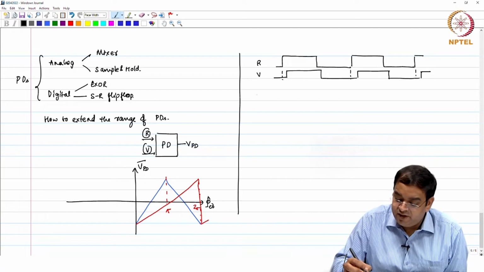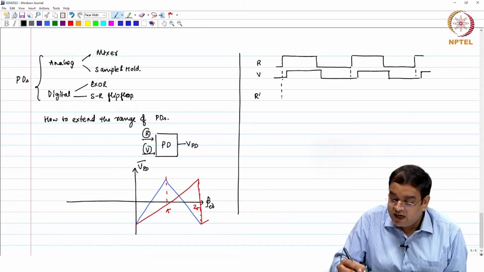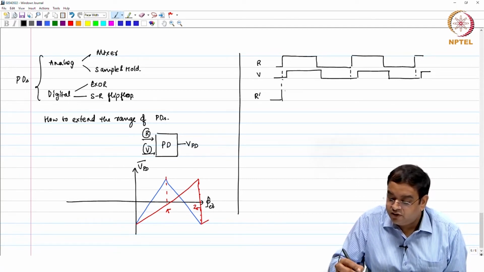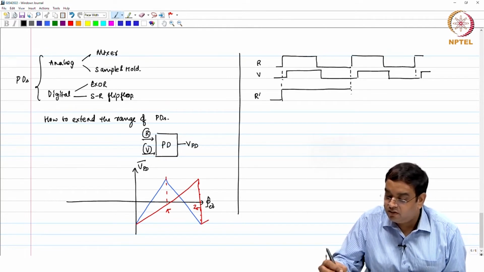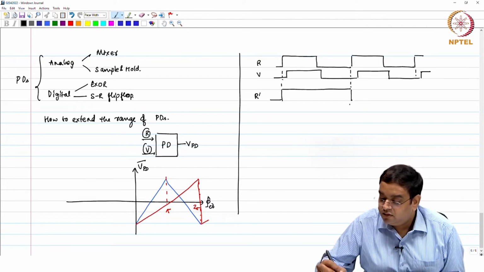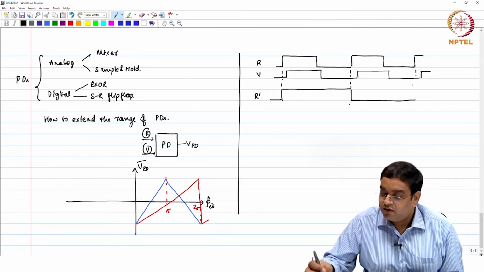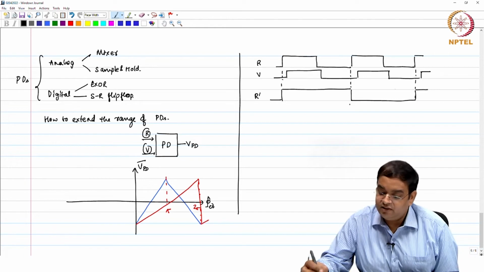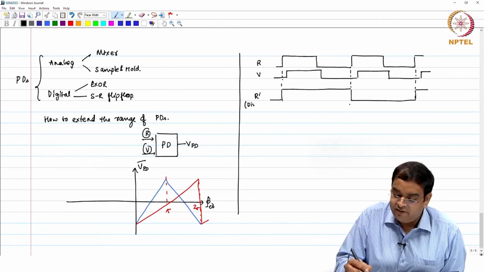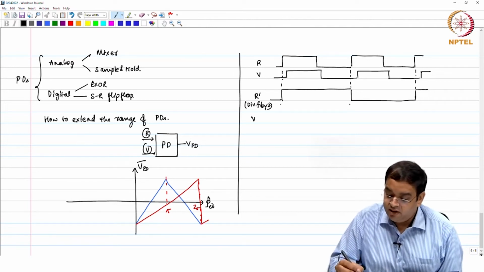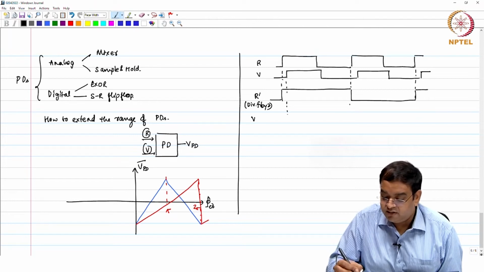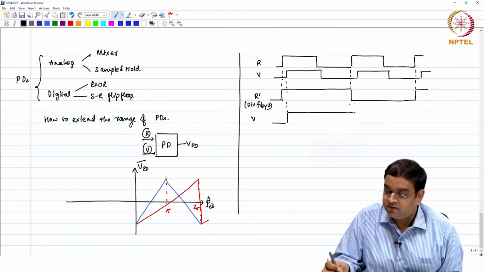If I divide these frequencies and get outputs R dash and V dash, what will happen is, this is our R dash, like dividing the frequency by dividing f by 2. Similarly, your V dash is going to look like this.